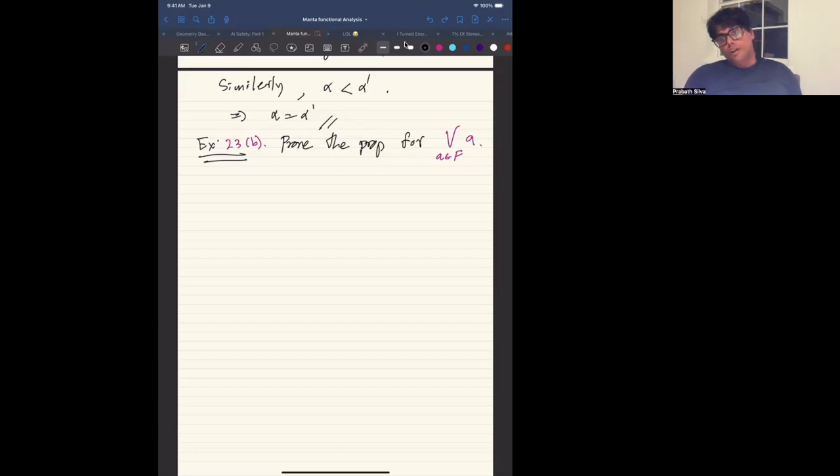And you can prove this thing. Show that for A and B in L it is equal to this.